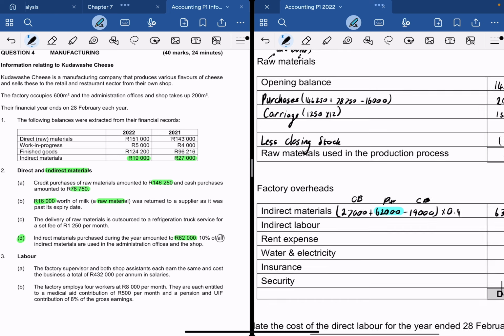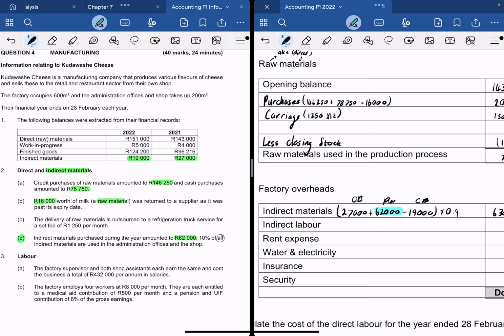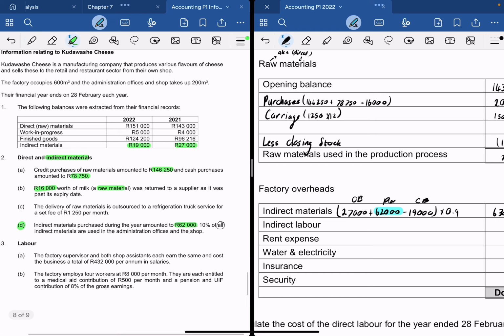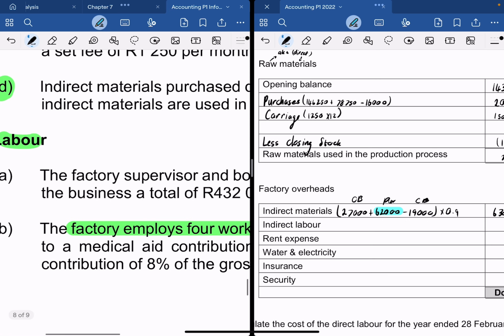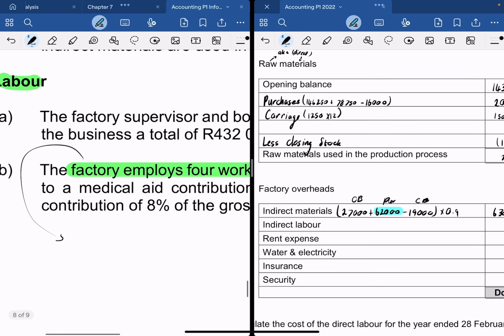Cool. Now we're going to go to indirect labor. So what we must be careful of is indirect labor is not people working in the factory. So if we come here to labor, the factory employs 4 workers. Those are direct workers. This is direct labor, right?